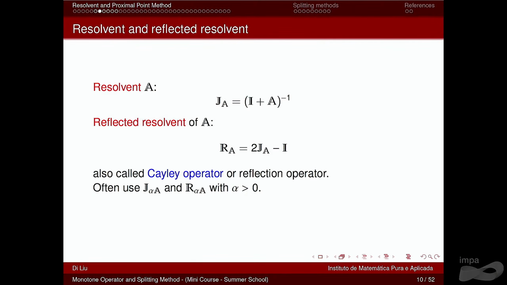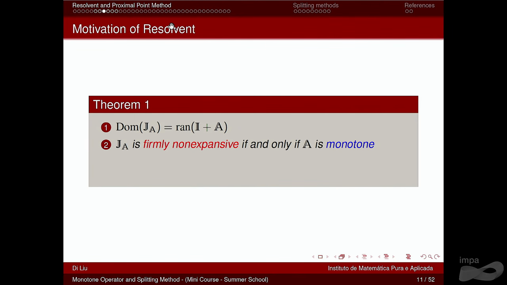We assume that A is maximal monotone, and the resolvent J_A is defined in this way. First, we know that the domain of J_A is the range of identity plus A. This holds automatically by the definition of the resolvent, so this is trivial. Second, J_A is firmly non-expansive.